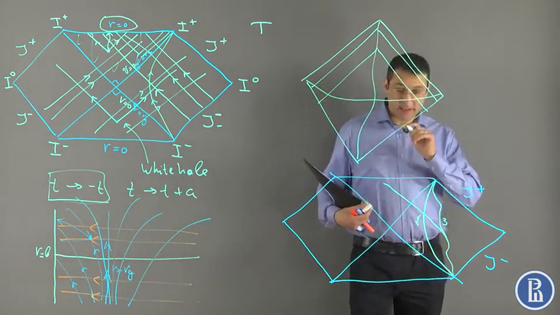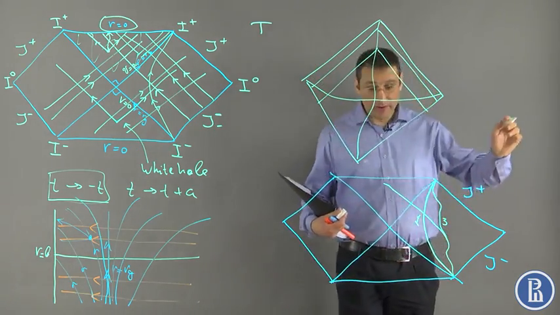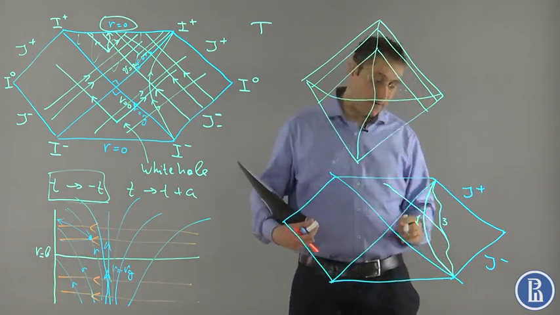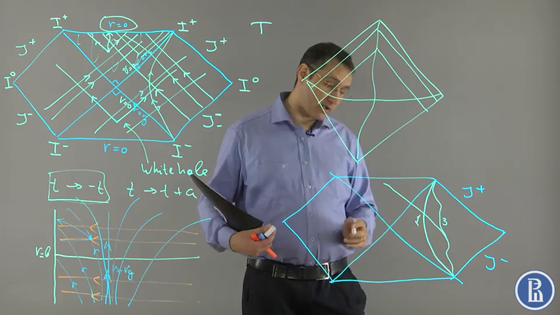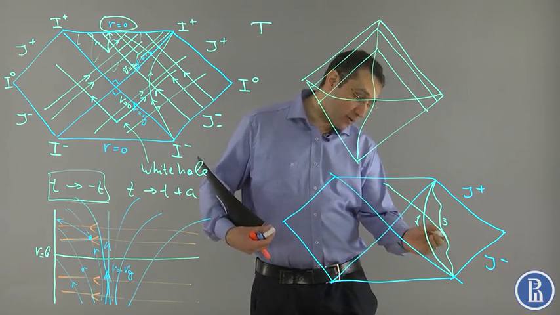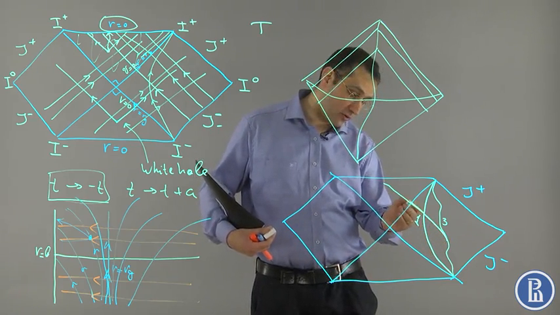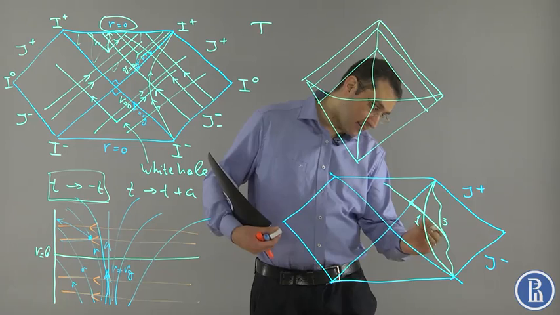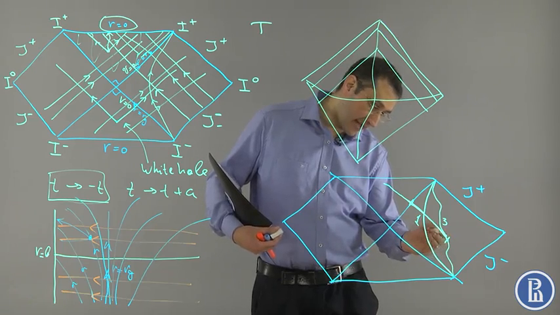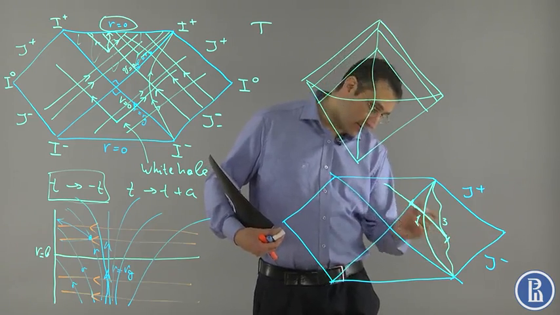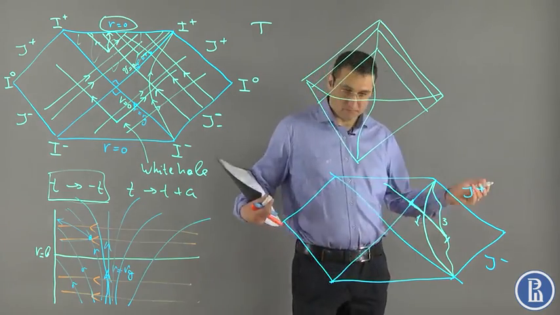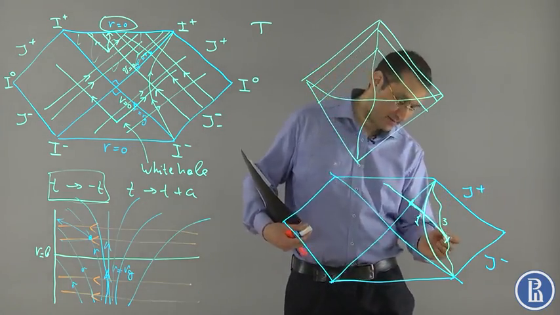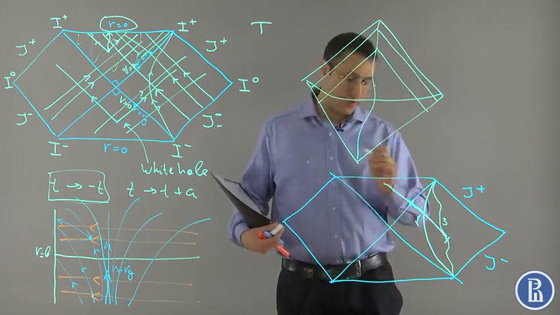Now one can see immediately, and we're going to show explicitly in the next lecture, that it takes a finite proper time for this thing to cross the horizon. It is a finite length, and the length of this line is the proper time spent from here to here.